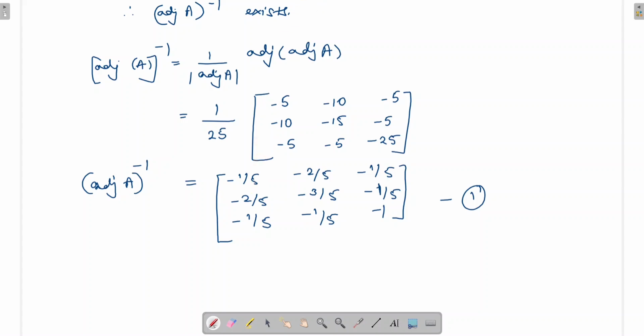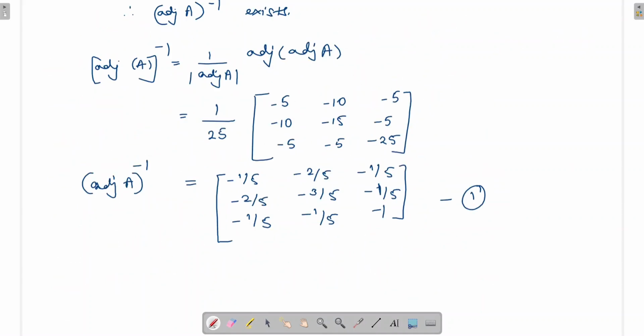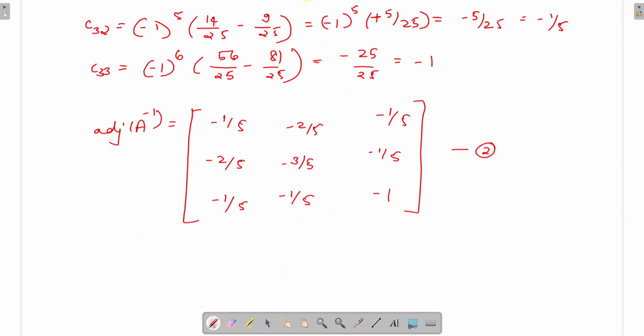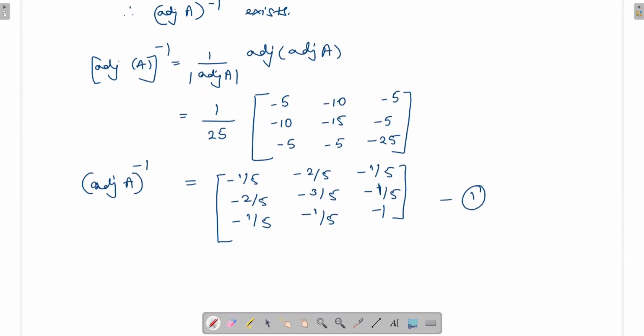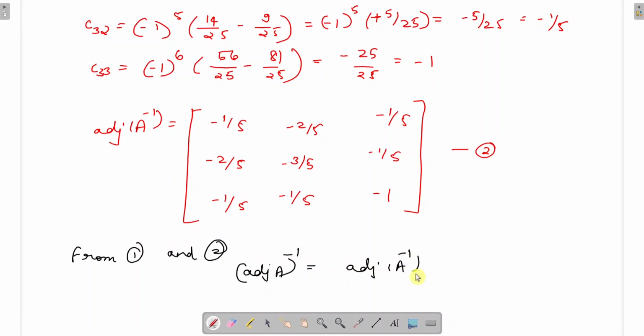If we check, the first row is minus 1, minus 2, minus 1, then minus 2 by 5, minus 3 by 5, minus 1 by 5, which is the same here, and minus 1 by 5, minus 1 by 5, minus 1, which is the third row, which is the same. So from 1 and 2, we get adjoint of A, the whole inverse, is equal to adjoint of A inverse. Okay, so this was the first part of the question.